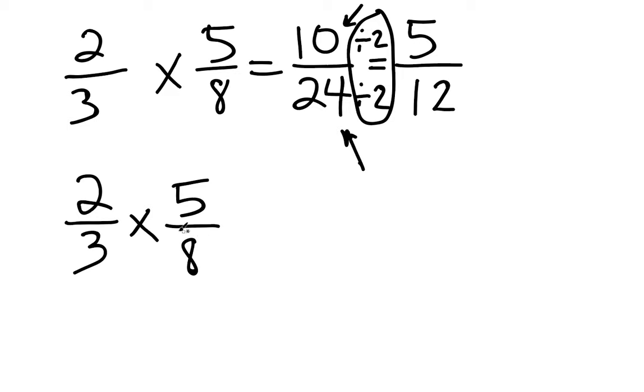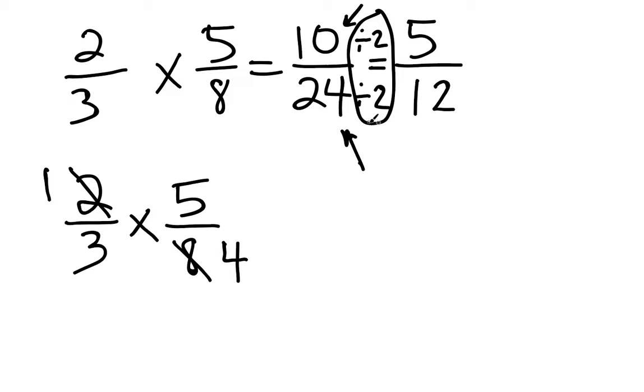And this is called canceling. So I'm going to divide this 2 by 2, which is going to give me 1. And I'm going to divide this 8 by 2, which is going to give me 4. So basically, we just divided by 2 up here. 2 divided by 2 is 1, and 8 divided by 2 equals 4.